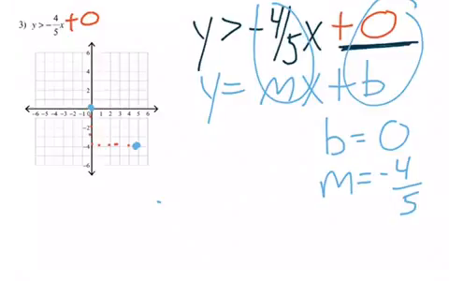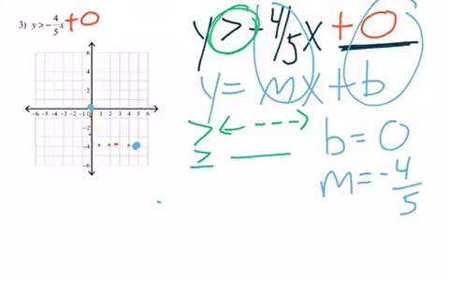And because my inequality sign right here is just greater than, if you remember, greater than would be a dashed line. But if I had greater than or equal to, it'd be a solid line. Well, because this is just greater than, we'd use the top one.